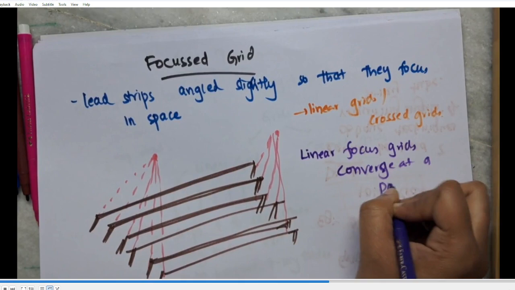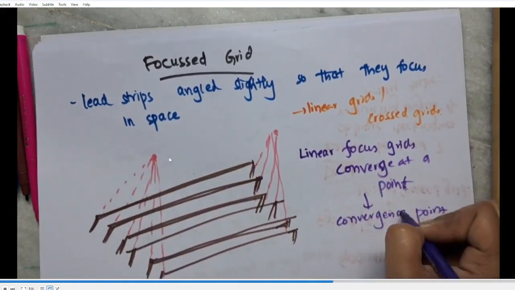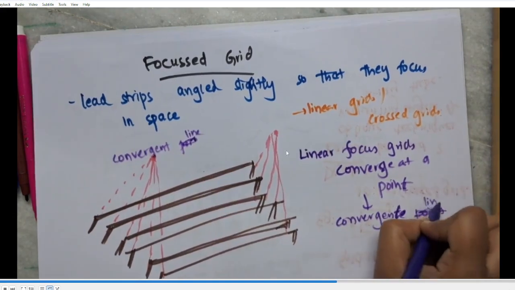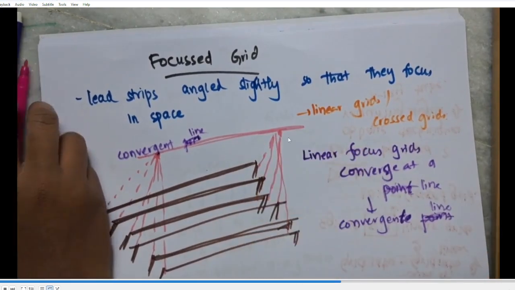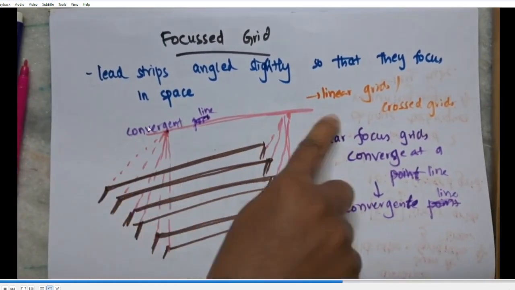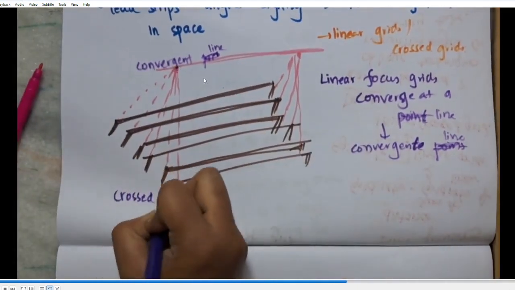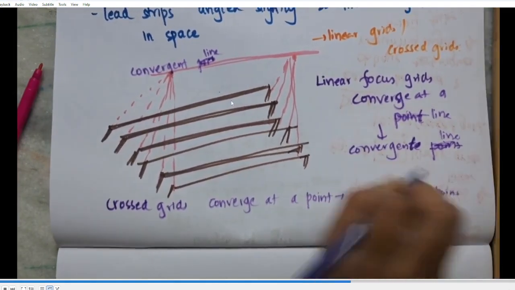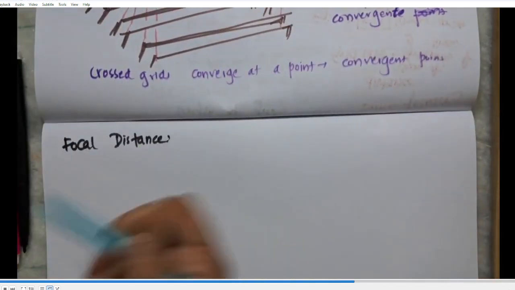Linear grids will focus at a line called the convergent line. So this part will focus at this point, this will focus at this point. Crossed grids converge at a point, which is called the convergent point.